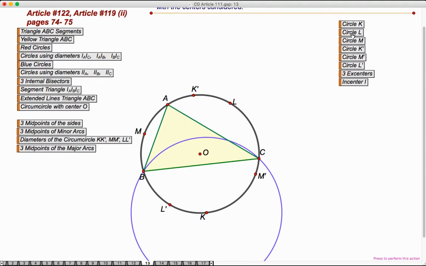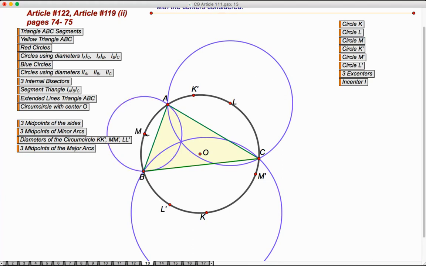Next, construct circle L. And circle L will be, the center will be L and the radius will be LA or LC. And last blue circle is circle M. Circle M, the center is M and the radius is either MA or MB.